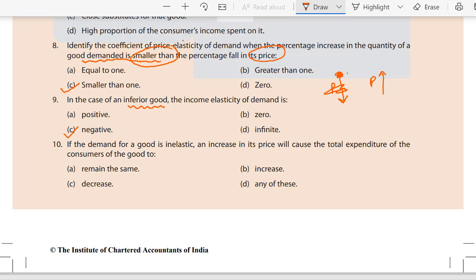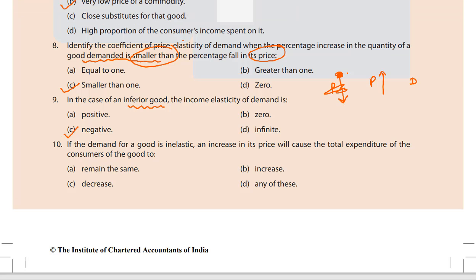Ideally the demand of the inferior good should decrease, but because it is an inferior good, the demand of the product will increase. Why? Because the price of the product is increasing, the demand of the product is also increasing. The reason is that it is an inferior good.